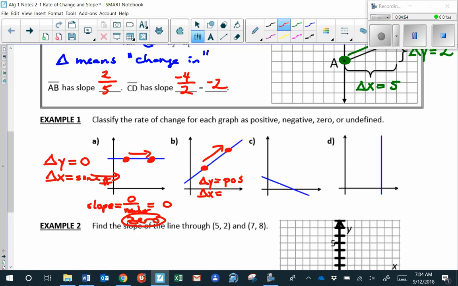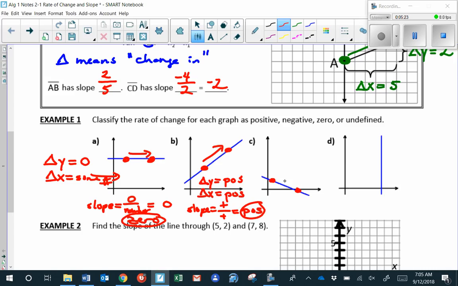Delta x, which is the run as we go from one point to the next, is also positive because we are headed to the right. So if we're headed to the right and up, both delta x and delta y are positive. So that means that our slope is a positive number over a positive number, which equals a positive number.